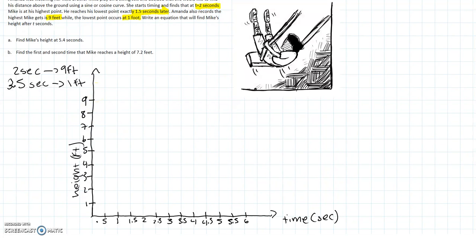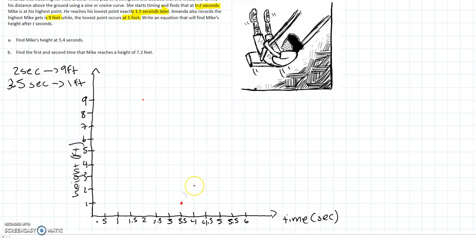So from here, we could start drawing our graph or curve. We know that at 2 seconds, Mike reaches his highest point, so we put our first point at 2 seconds at 9 feet. And we also know that 1.5 seconds later, Mike reaches his lowest point.